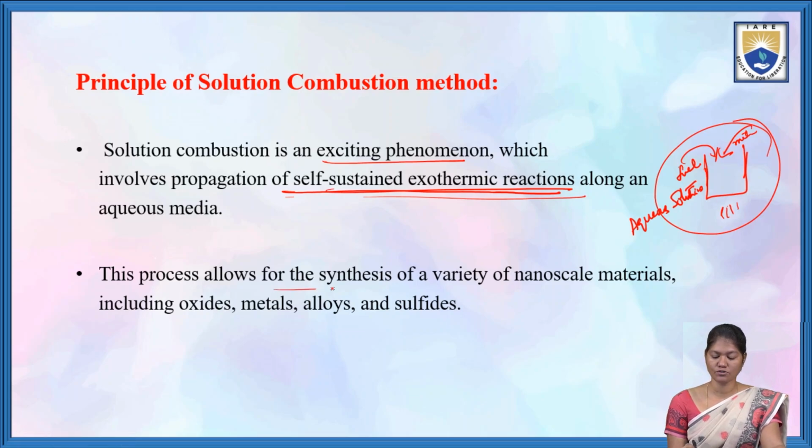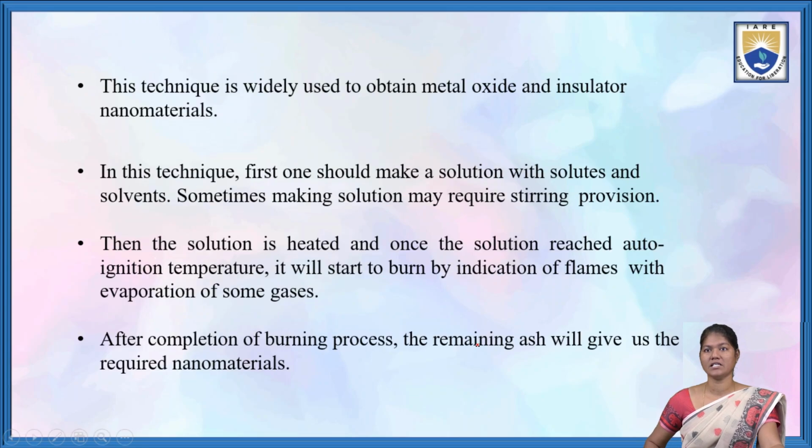This process allows for the synthesis of a variety of nanoscale materials including oxides, metals, alloys and sulfides. This technique is widely used to obtain metal oxide and insulator materials.